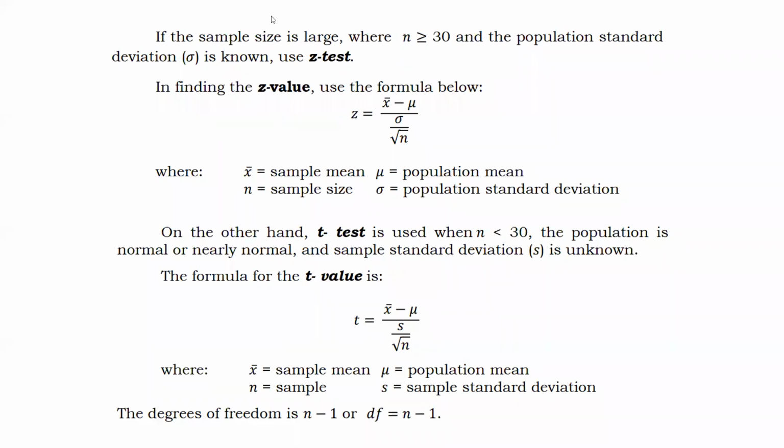Ang napalitan lang ay ang population standard deviation ng sample standard deviation, S. Mapapansin ninyo may nakasulat na degrees of freedom, mamaya natin magagamit in finding the decision whether to accept or to reject the null hypothesis.